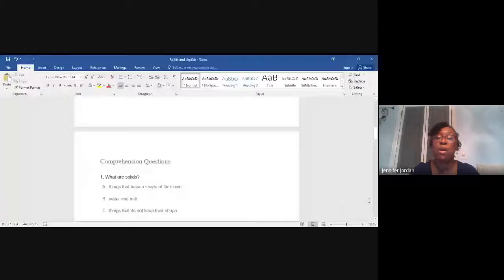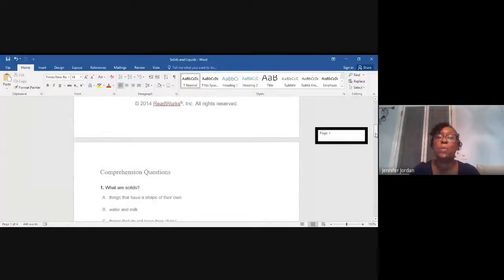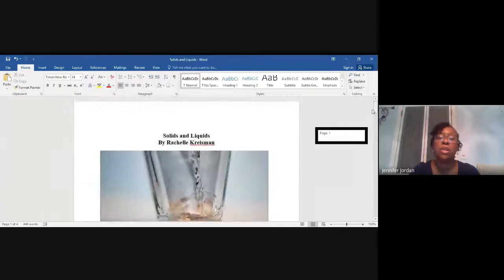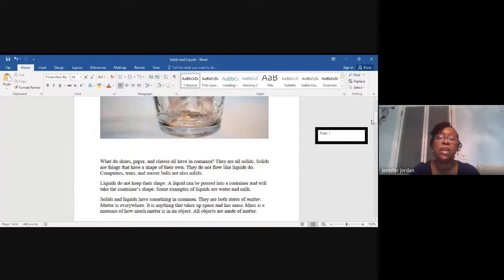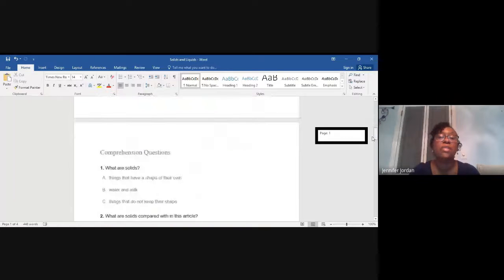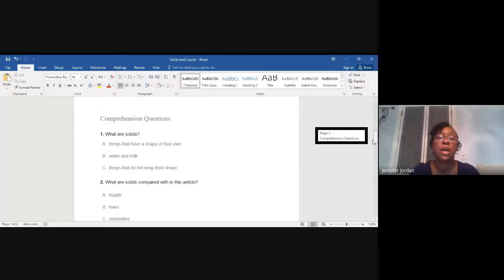Here we go. Let's go up to the top. Here's our title, Liquids and Solids, and here is our text. Then we're going to scan through briefly our comprehension questions.